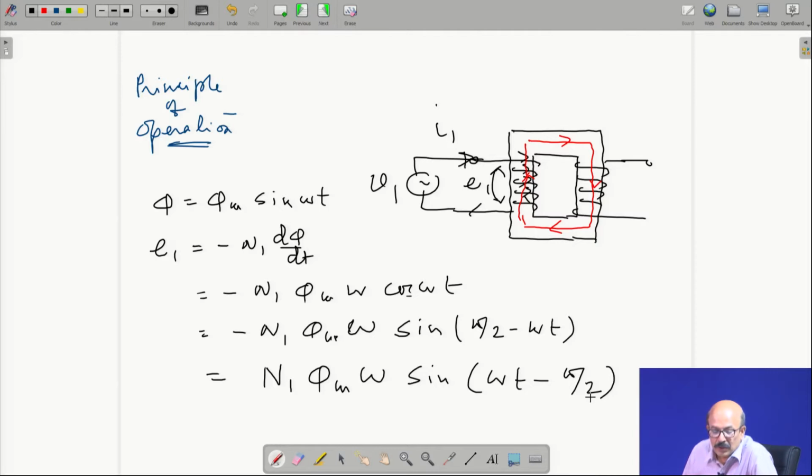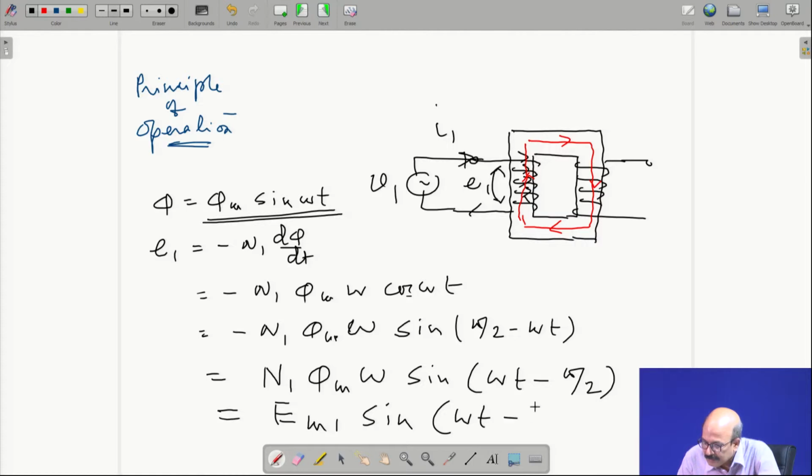So if phi is phi m sin omega t, then E1 is E maximum value EM1 times sine of omega t minus pi by 2, okay, so this relation is perfect.